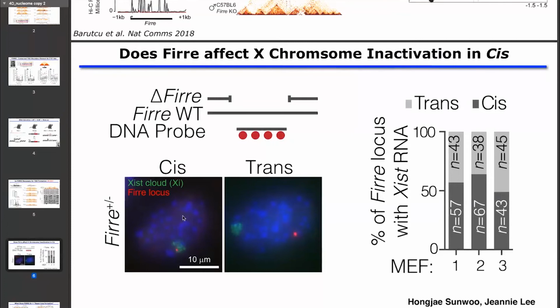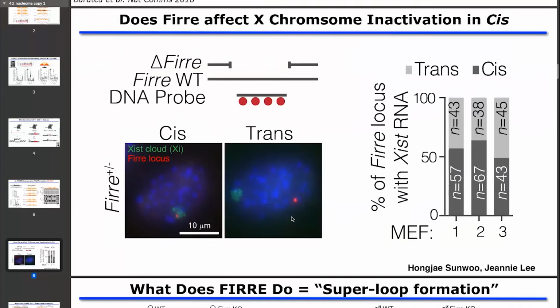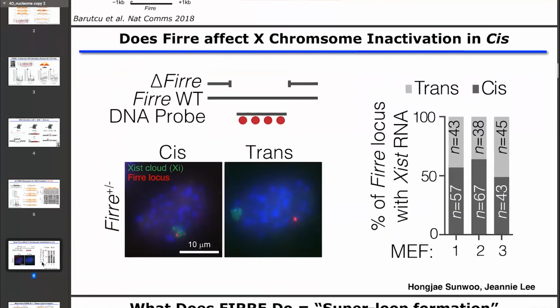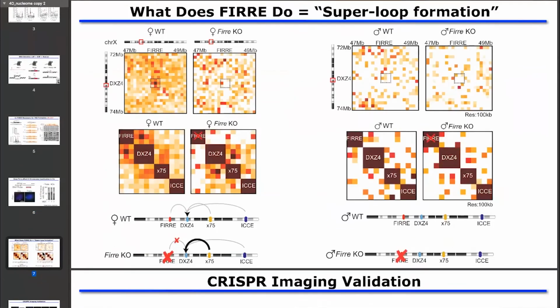This is a heterozygote knockout, so we can ask, is the intact allele associated with Xist more or less often than wild type? And basically we see no change in skewing. So the deletion of FIRE did not change the TAD boundary locally, nor did it change the ability to randomly select inactive chromosomes for inactivation.